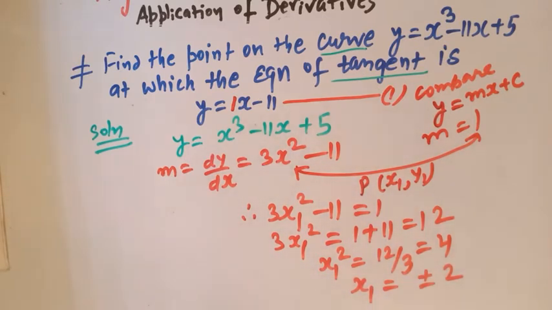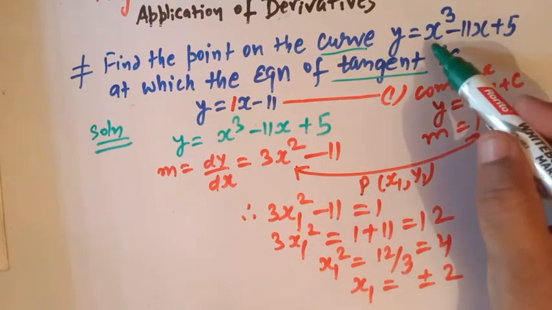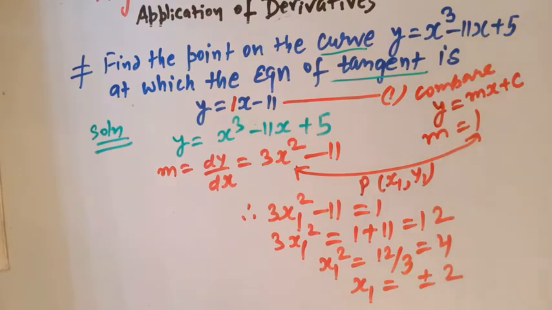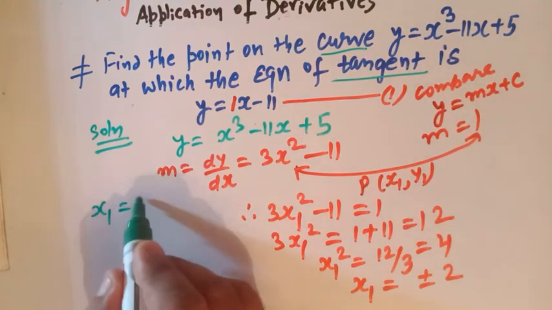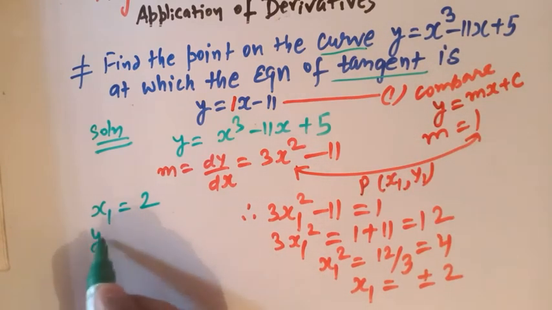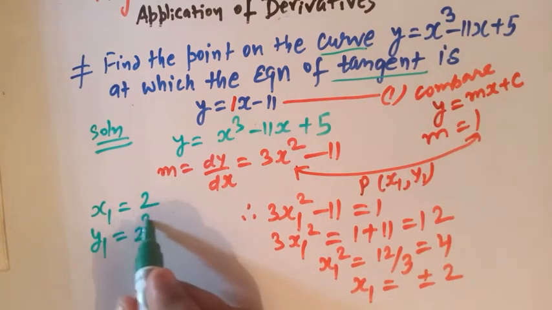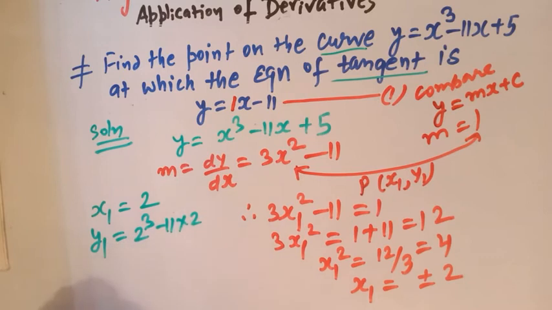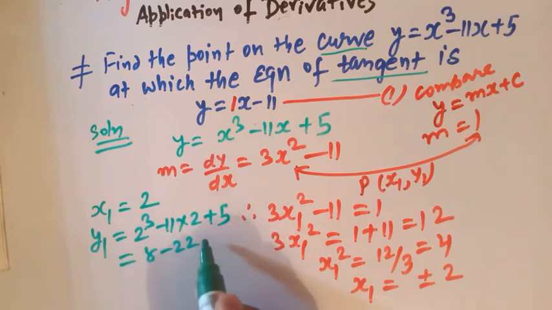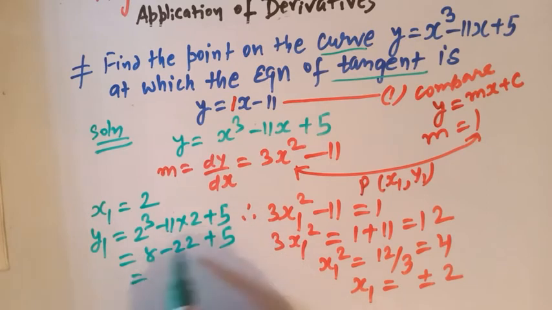So the corresponding y coordinate can be obtained by substituting this value in this equation. Clear? So when x1 is 2, y1 is 2³ − 11 × 2 + 5, this is 8 − 22 + 5, this is 13 − 22, that is −9. Clear?